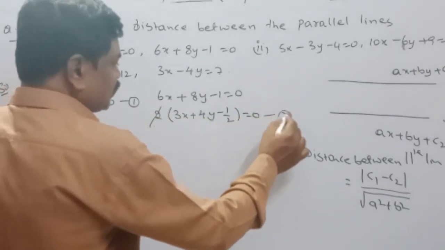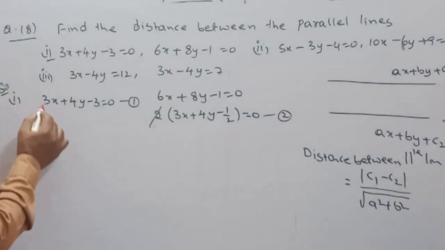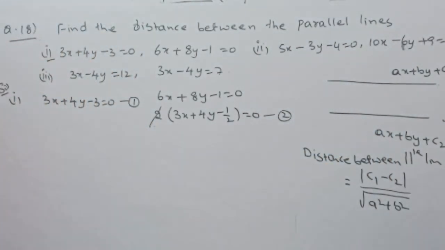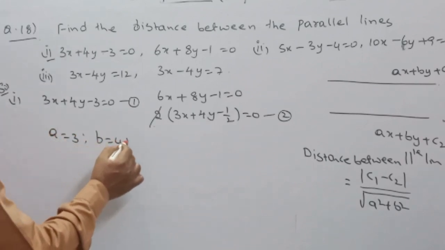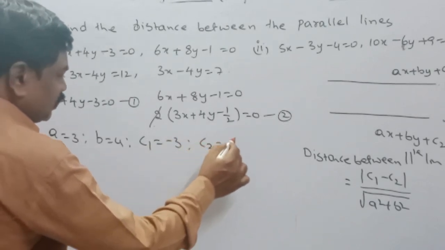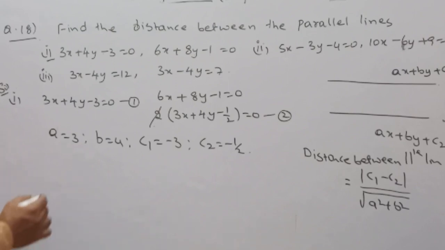This is equation 2. Okay, all of you. By comparing ax + by + c1 and ax + by + c2, here a = 3, b = 4, c1 = -3, c2 = -1/2.